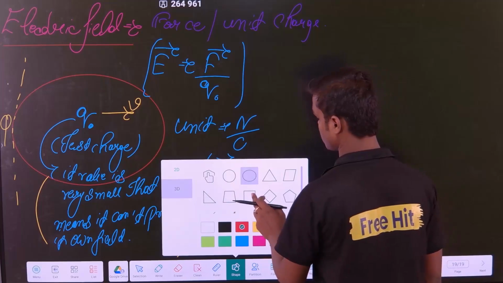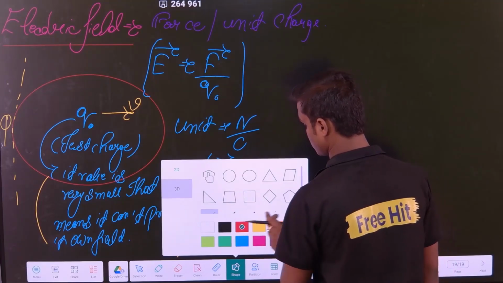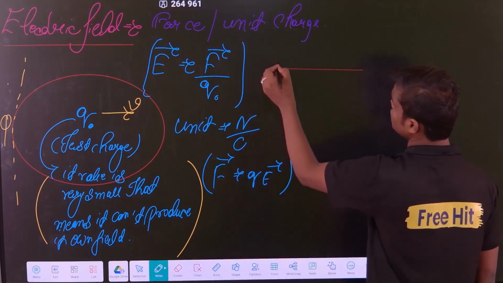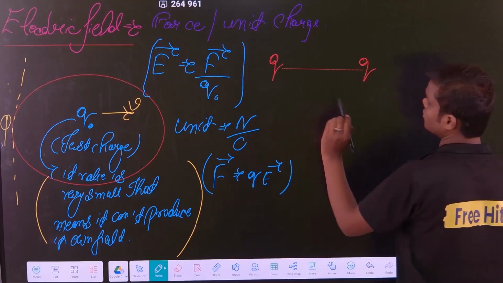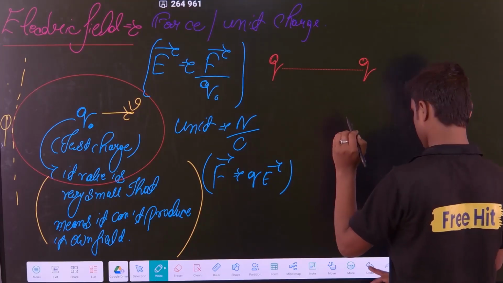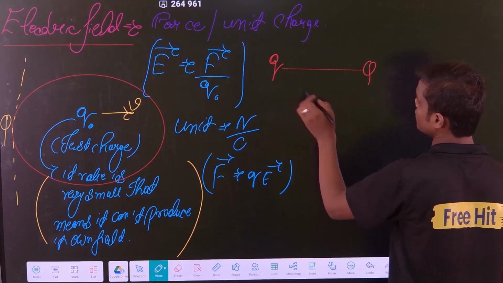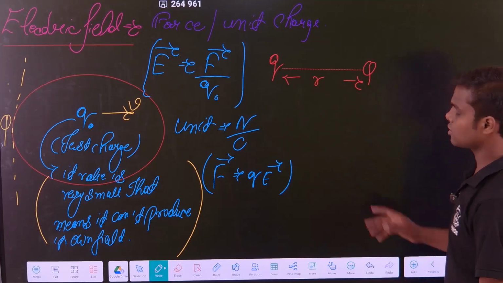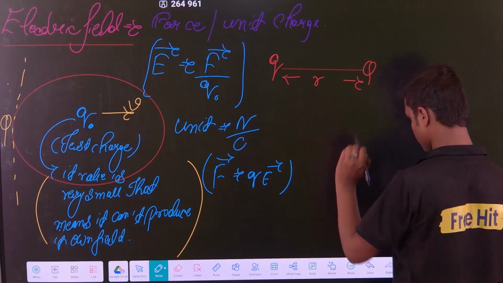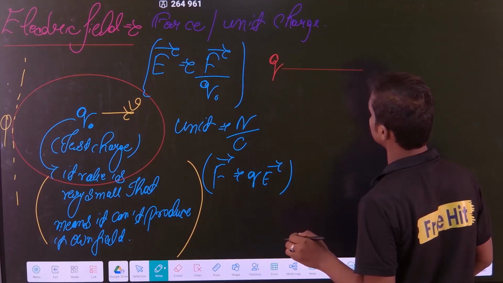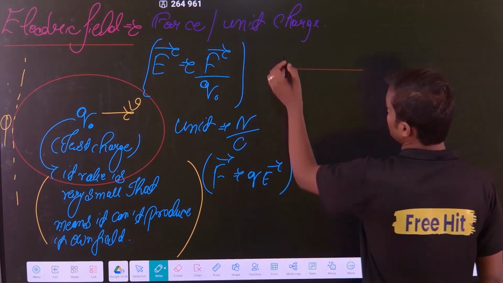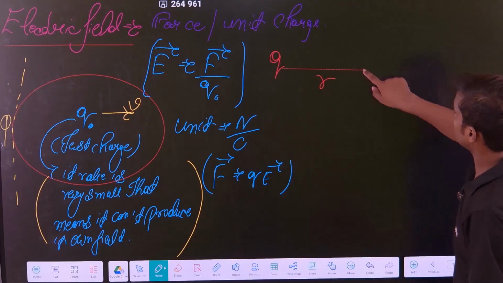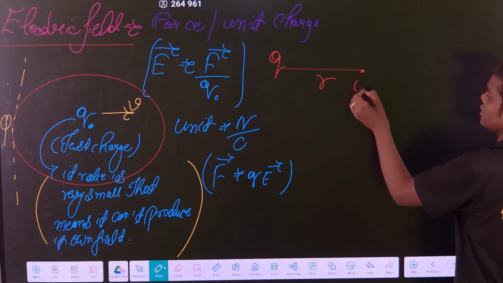Suppose there is a charge capital Q here, and I want to find the electric field at a point at distance R from it. I want to find E at this point.